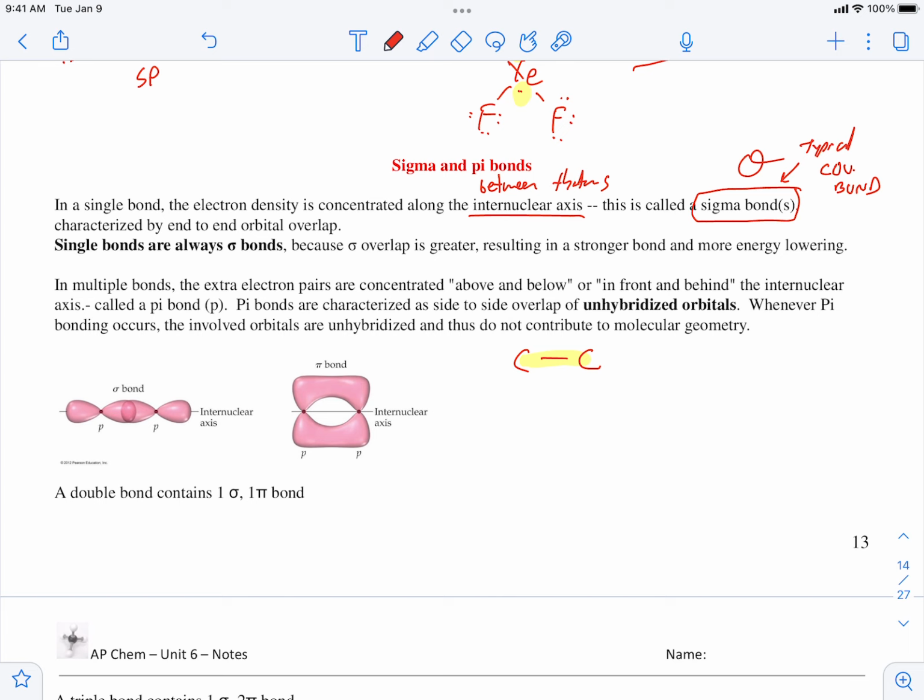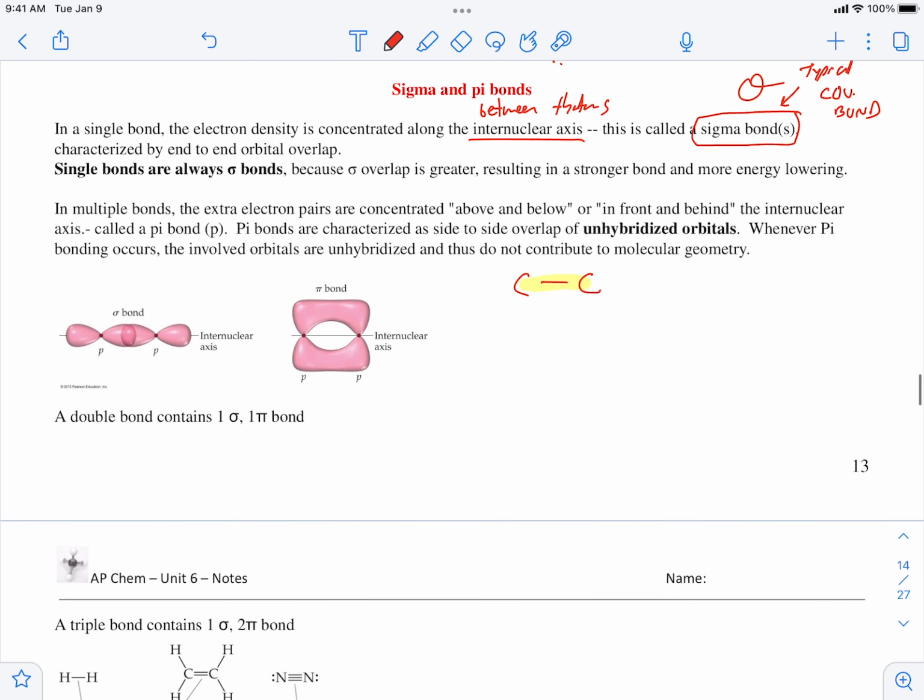However, we have seen multiple bonds, things like double bonds and triple bonds. When there are double and triple bonds, the additional electrons that make up that double or triple bond cannot be in the same place as the original bond because there'd be too much repulsion. So, as a result, the electrons in the double bond occur above and below.